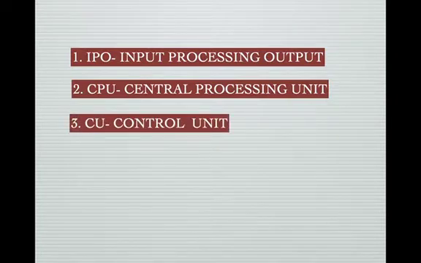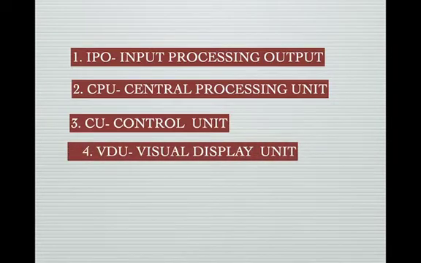Control unit is one of the parts of CPU, right? There are 3 parts in the CPU, MU, CU and ALU. VDU, visual display unit. Television is VDU, monitor is VDU, right? Because it displays you something.